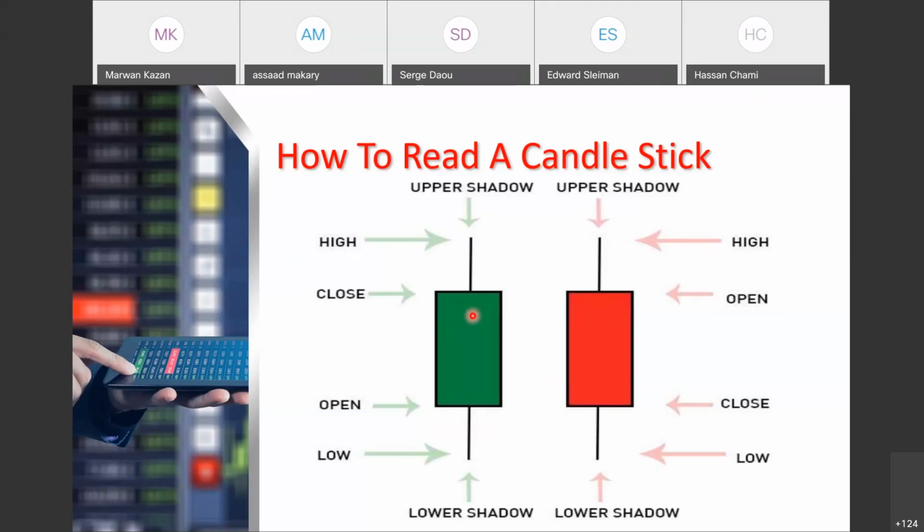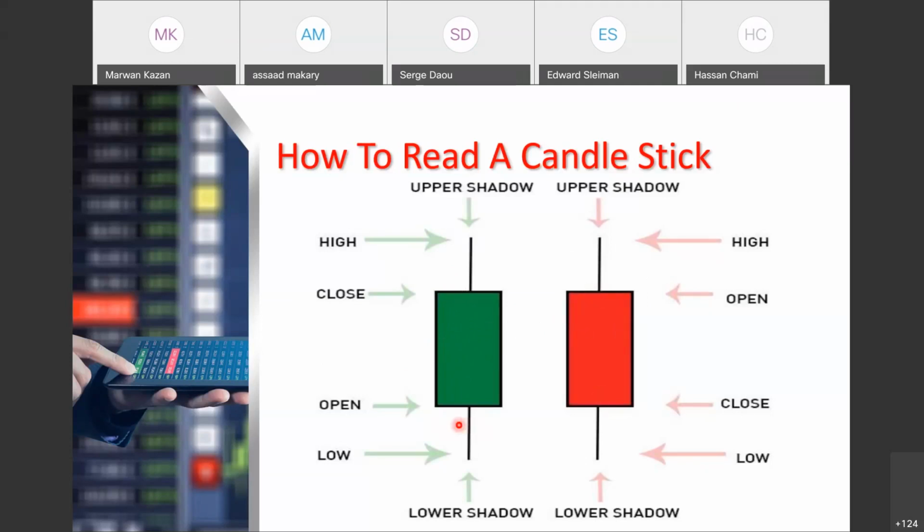This candle may represent 1 day, this candle may represent 1 minute, 1 hour, or 30 minutes. Now let's assume this candle represents 1 day. How do we read it? If it's green, then this day the price went up. If it's red, it means that the price went down.